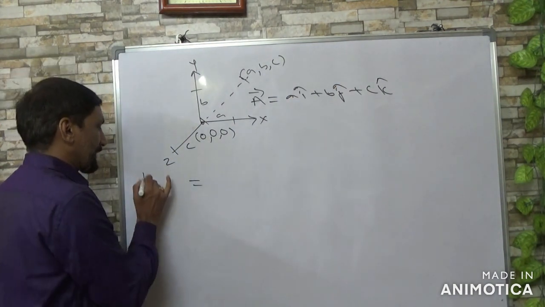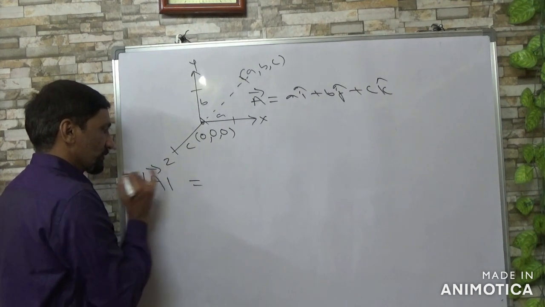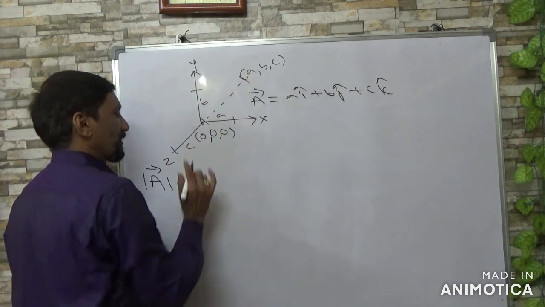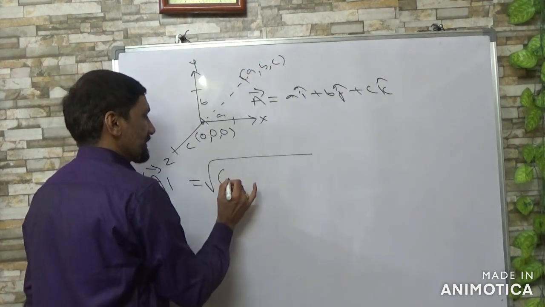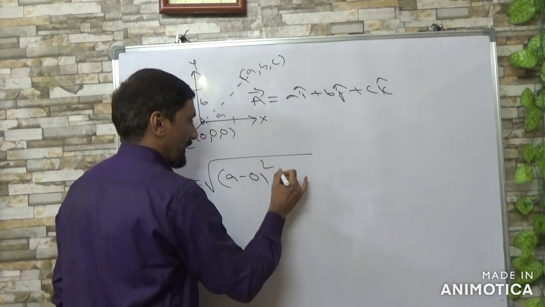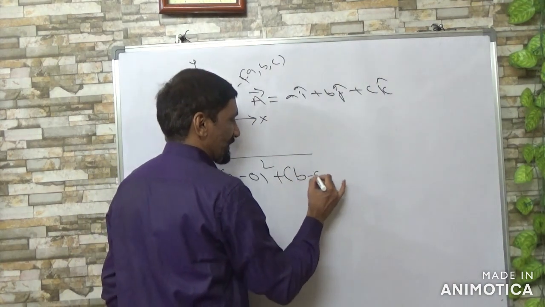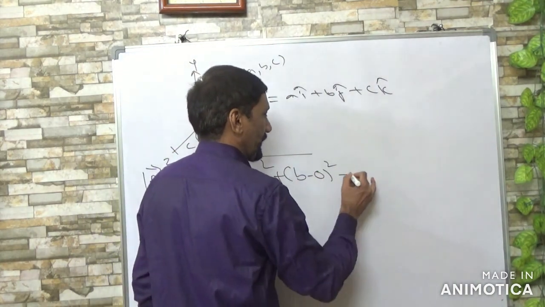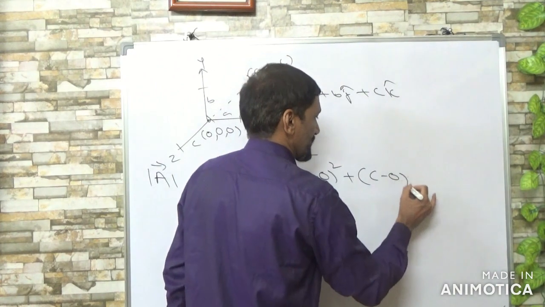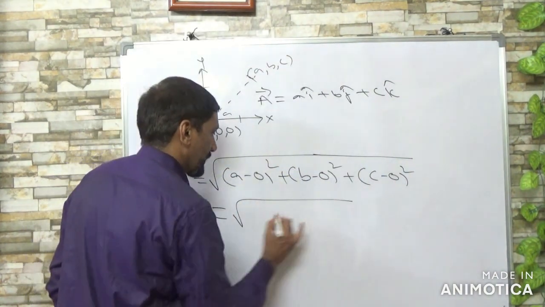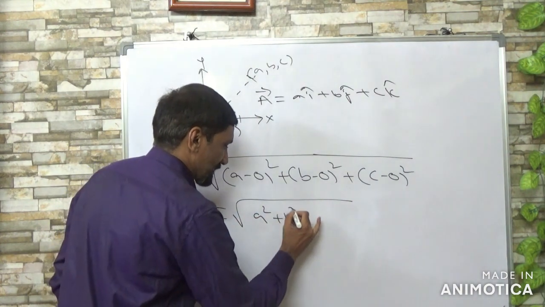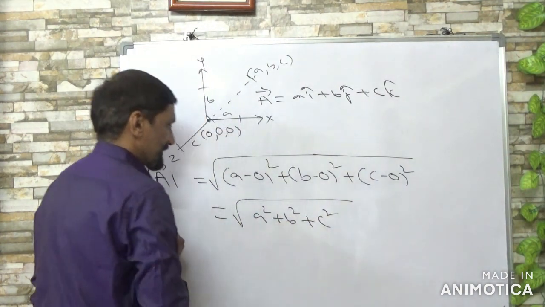Its magnitude is equal to the distance between them, that is the square root of (A minus 0) whole square plus (B minus 0) whole square plus (C minus 0) whole square, which is equal to root over A square plus B square plus C square.